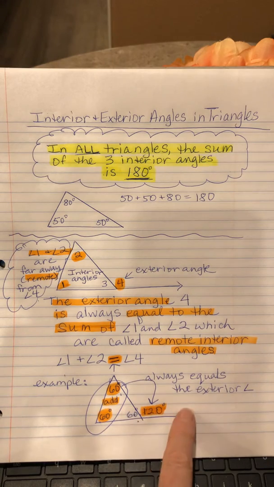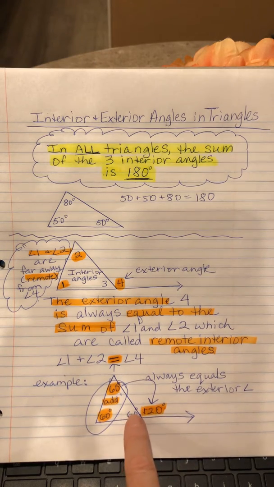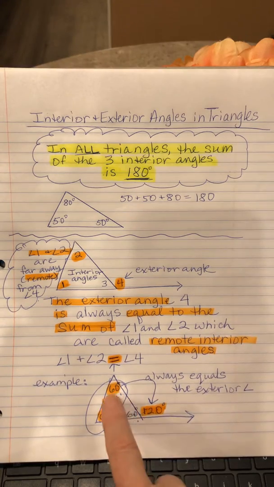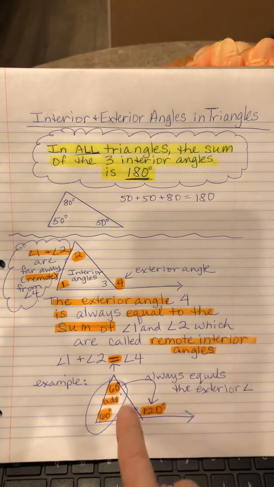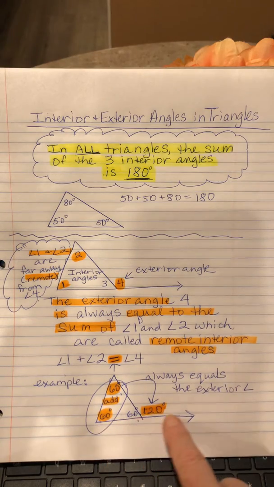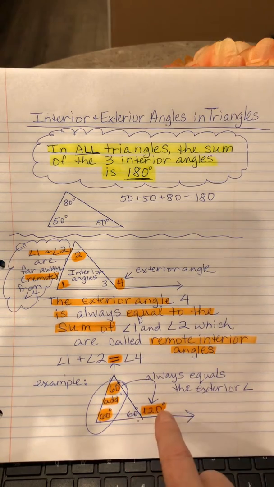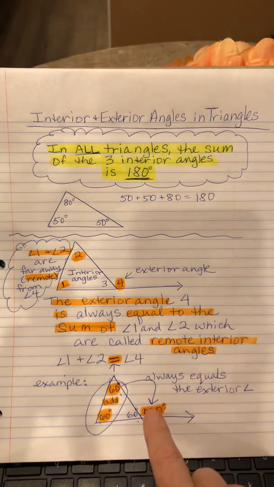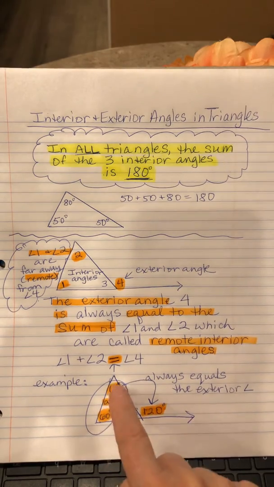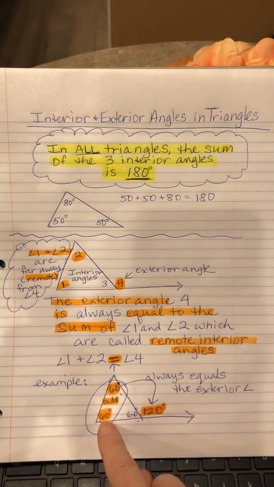That's how you know you've done the right thing: the exterior angle and the inside angle of the triangle create a supplementary pair on that straight line. So we know that has to be 120 if that's a 60, 60, 60 triangle. That's a pretty famous triangle, and all three of those add up to 180.